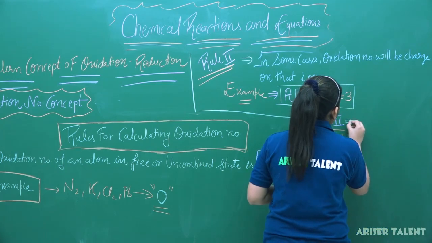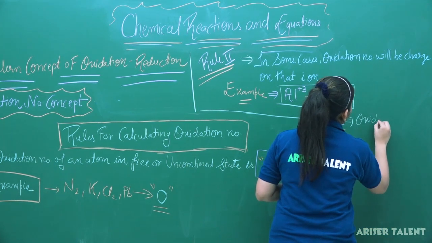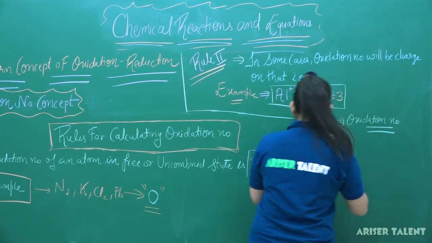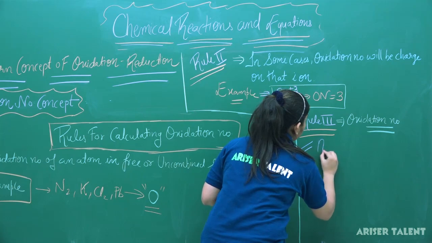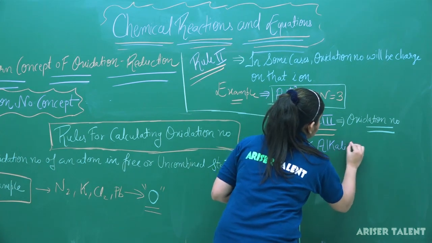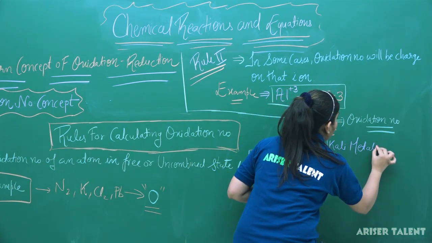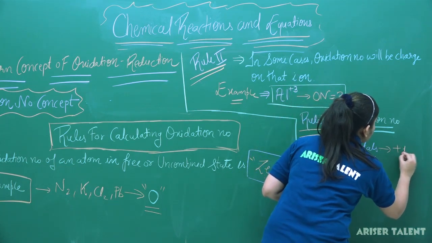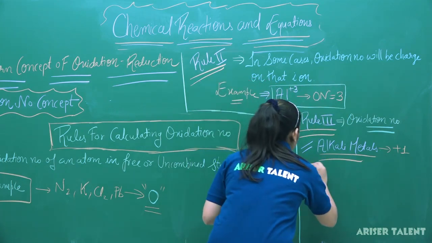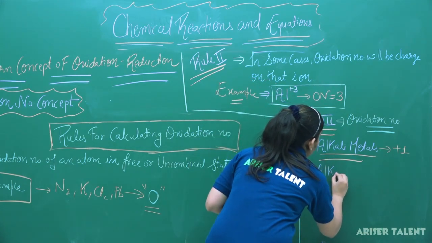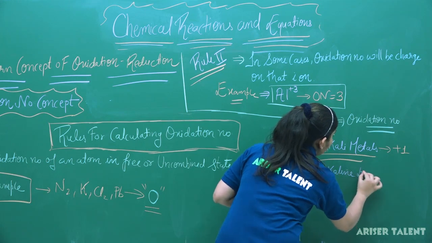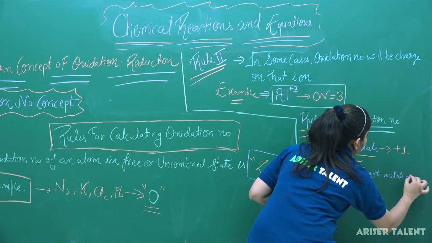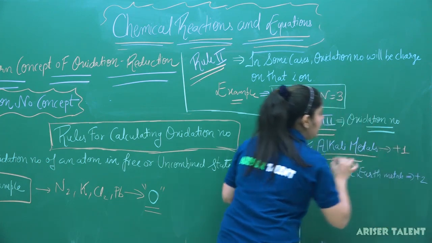So our rule number 3 is, oxidation number. First category we have alkali metals. For alkali metals, the oxidation number is +1. For alkaline earth metals, oxidation number is +2.